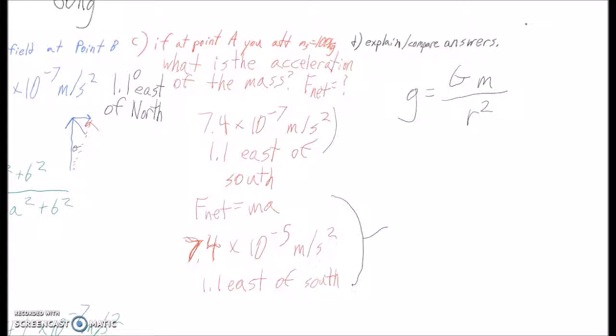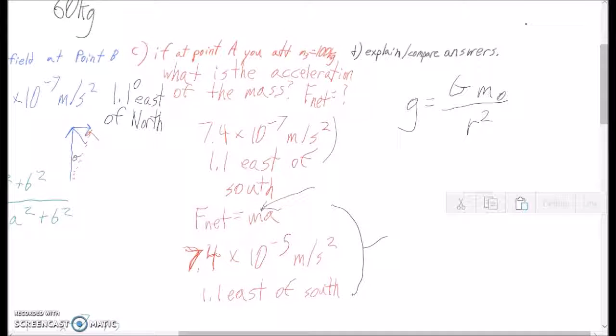And this is m of the either it's m1 or m2, so I'm going to call it m of the object. And this m here is the mass we added, so I'm going to call it mass added, ma.